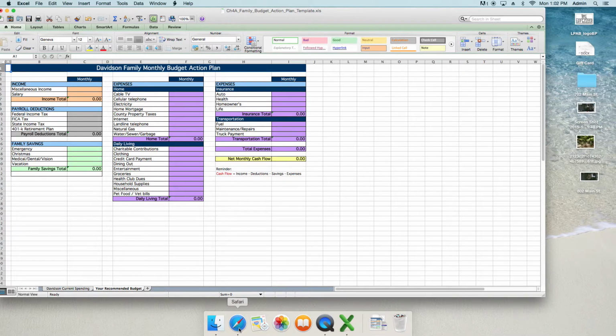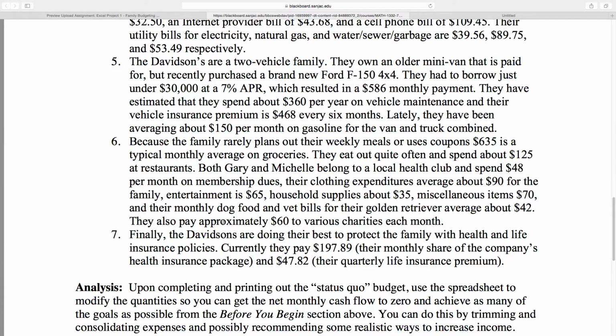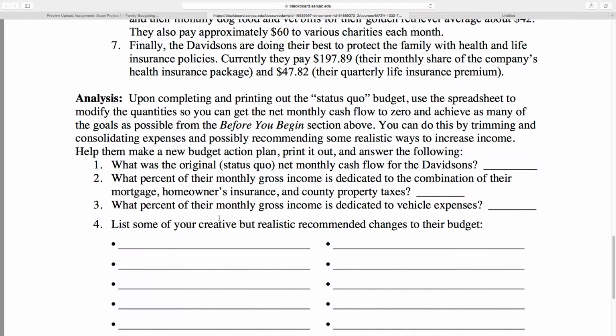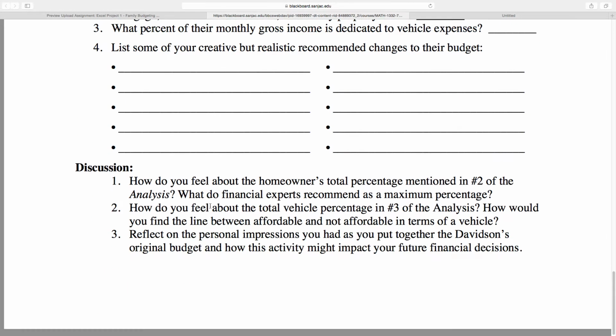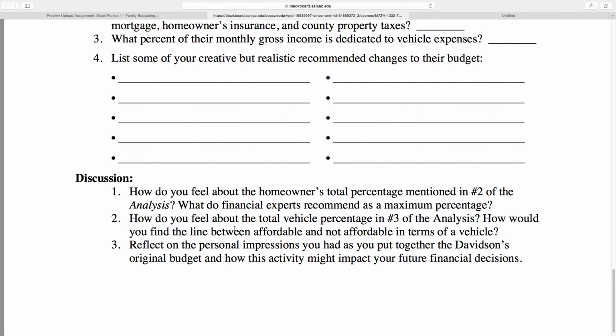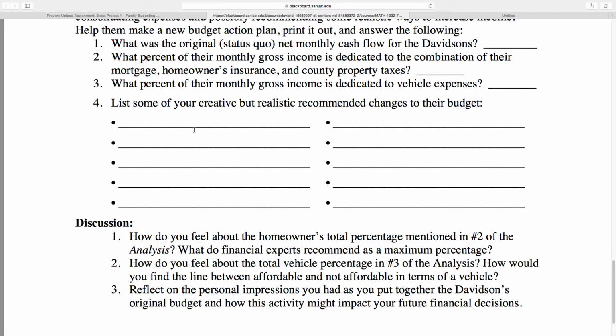The last piece of this project is to answer these questions. And so there are 4 analysis questions, and then there are 3 discussion questions. I would expect you to answer these in complete sentences where appropriate.